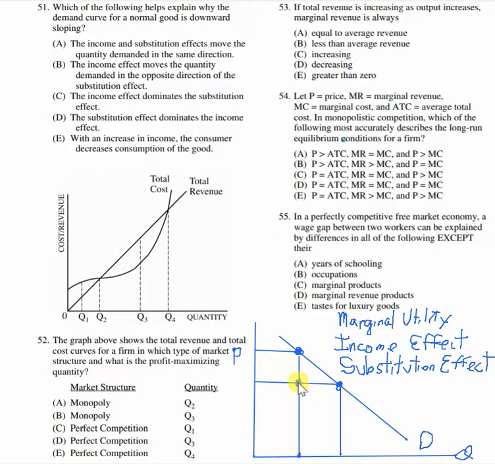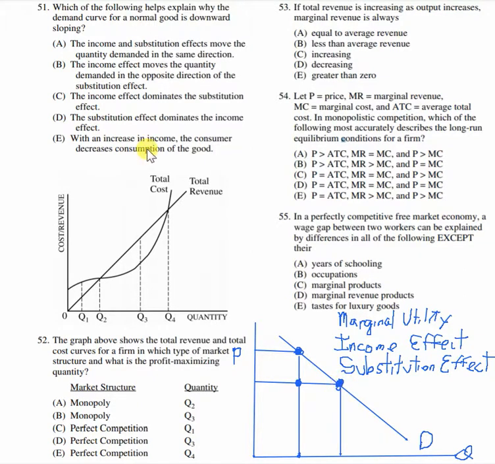So you might go to Panera Bread 4 or 5 times a week. So as prices go down, you'll substitute into the cheaper good and use more of it. And that's another reason why the demand curve goes down.